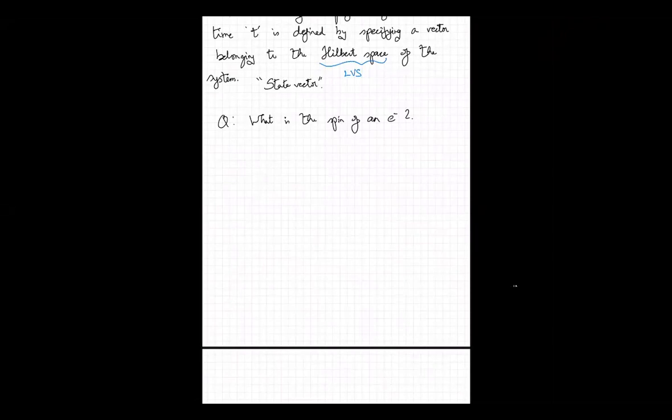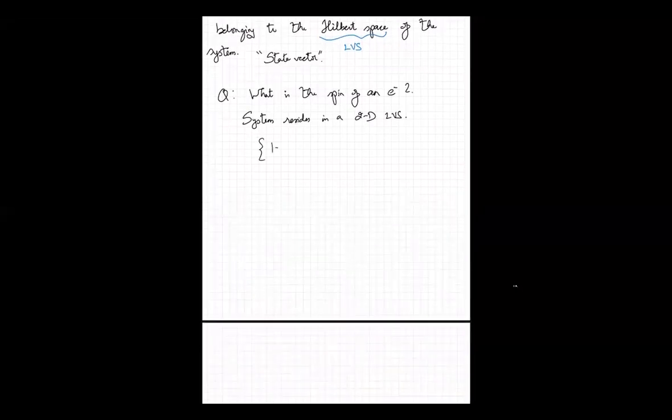Now, in quantum mechanics, we say that this means that the physical system resides in a two-dimensional linear vector space, okay, in which the basis vectors can be understood as plus and minus, or equivalently up or down in this particular fashion.